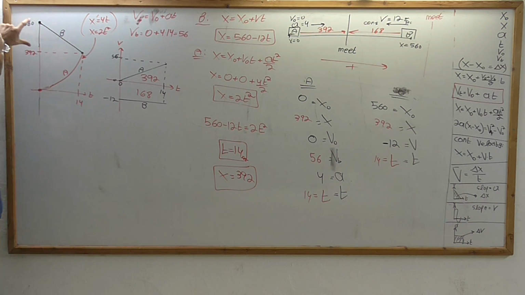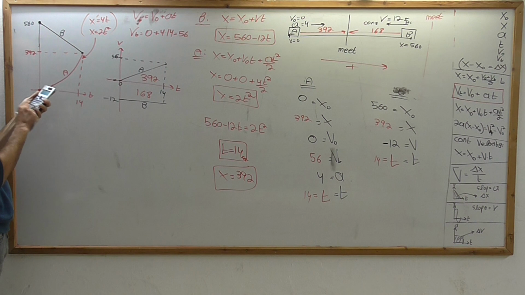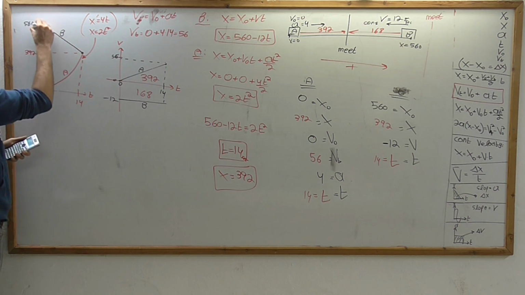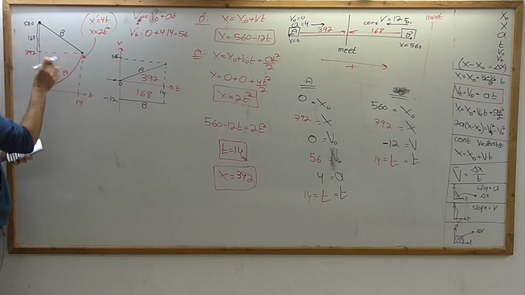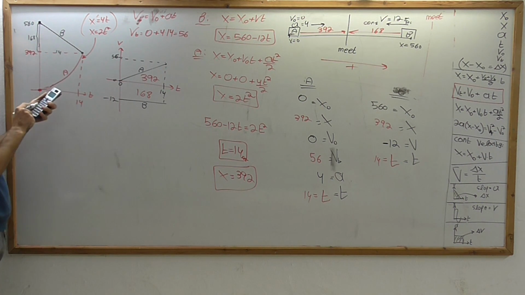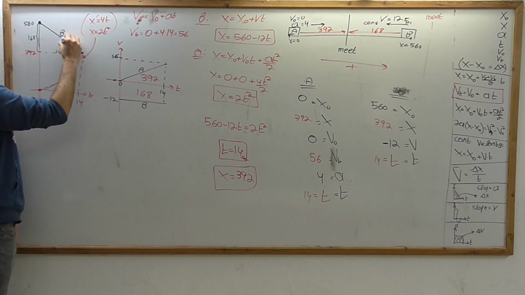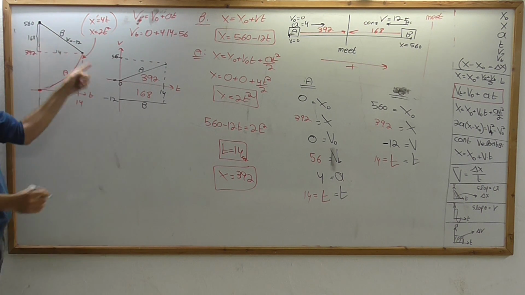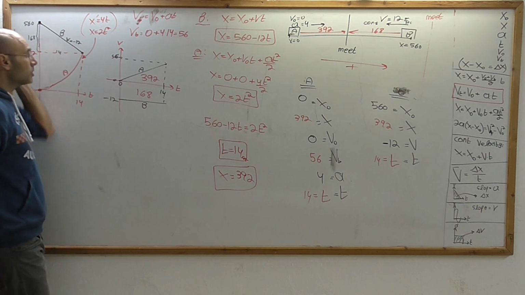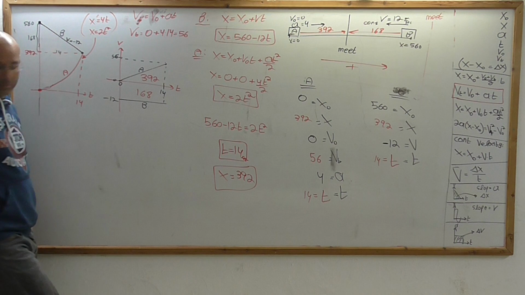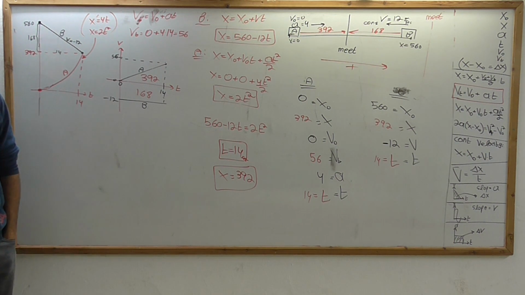If I do the slope, vertical over horizontal, vertical is 560 minus 392, which is 168, divided by 14. I get exactly 12, minus 12. So the slope is minus 12 and it's constant. So it adds up also. Very, very good and nice.